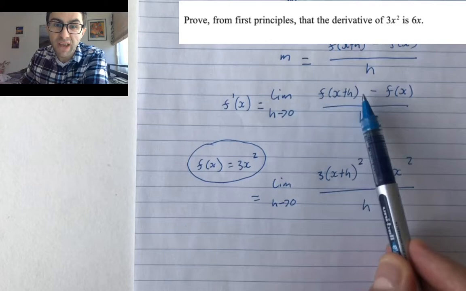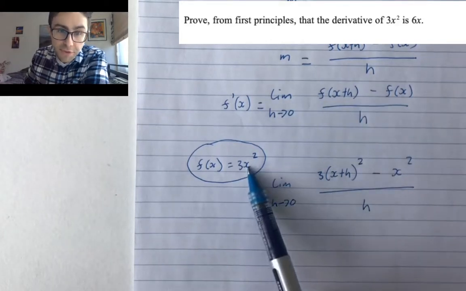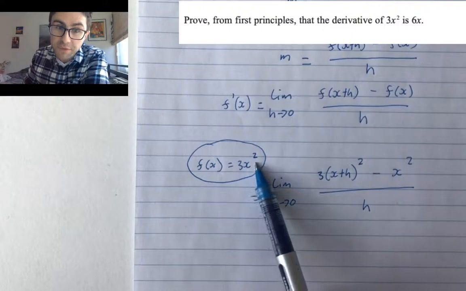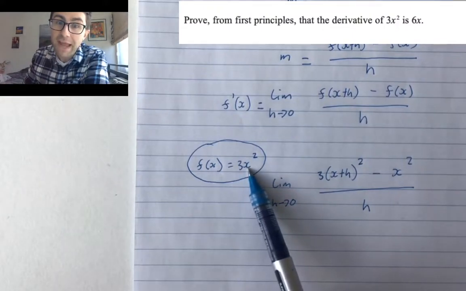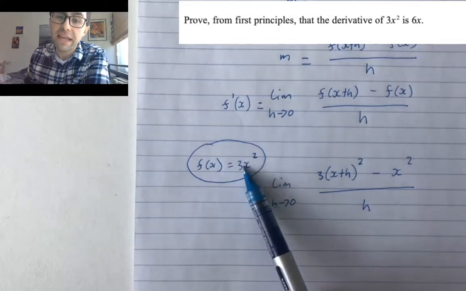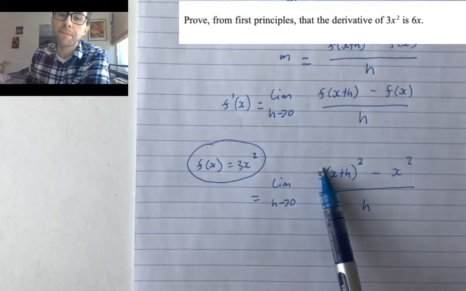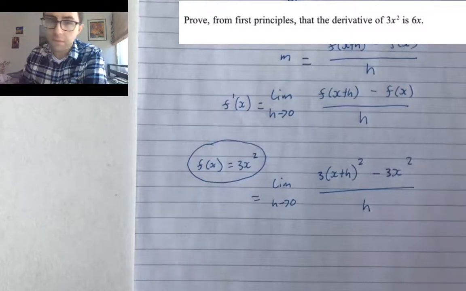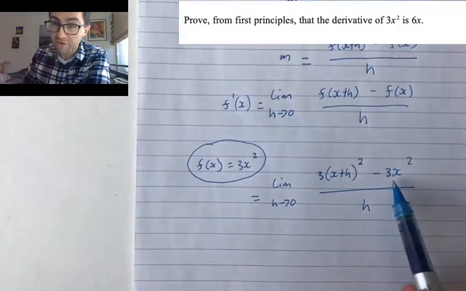If it was f of 2, you'd have to put a 2 in here. If it was f of 12, you'd have to put a 12 in here. If it's f of x plus h, you have to put an x plus h in there, and it's going to look like that. This one, don't miss out the 3, is just the normal function, right?